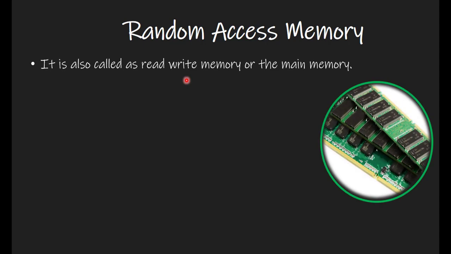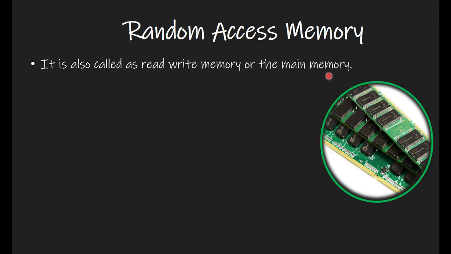So first we will discuss random access memory. Random access memory or RAM is also known as read-write memory or the main memory. Why is it known as read-write memory? Because we can read the data as well as write the data into RAM. And why is it known as main memory?